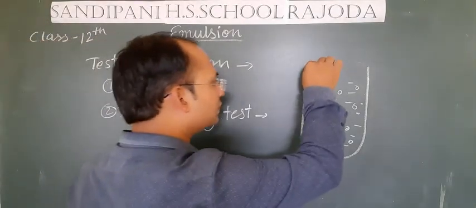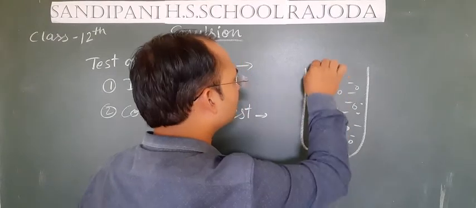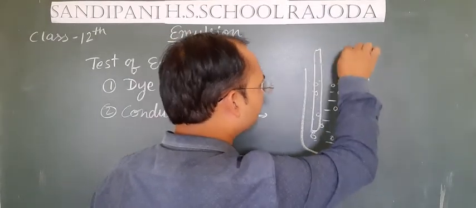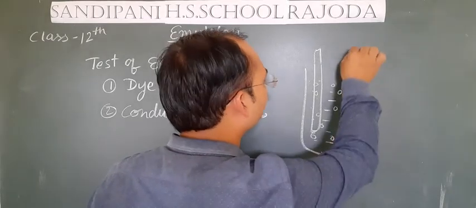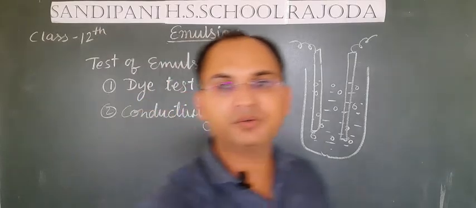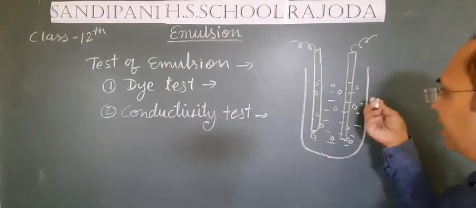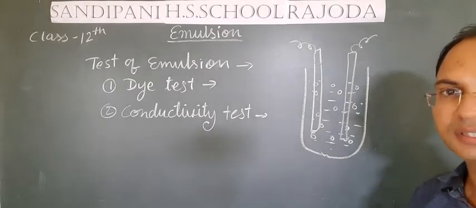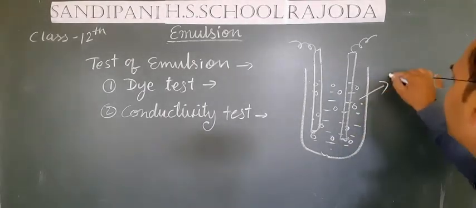So if we test the conductance of the emulsion after adding the electrolyte in it, if we found the conductance of the solution increases, that means the electrolyte got dissolved in water. That means the water is in the form of dispersion medium.